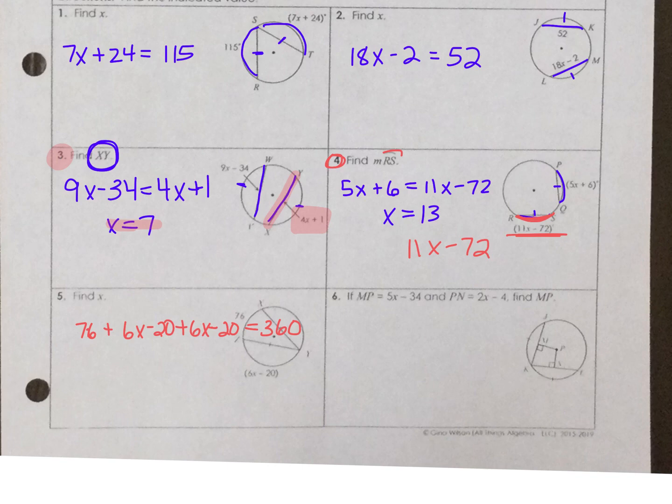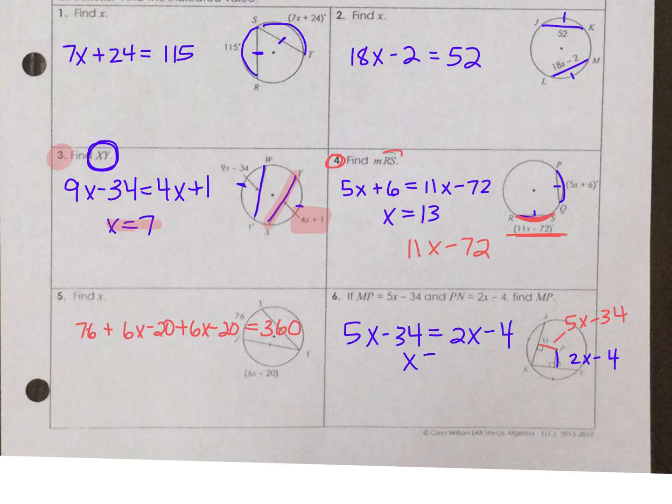This last one, if this little MP is 5x minus 34, and this little PN is 2x minus 4, we know they're equal. So I would set 5x minus 34 equal to 2x minus 4.